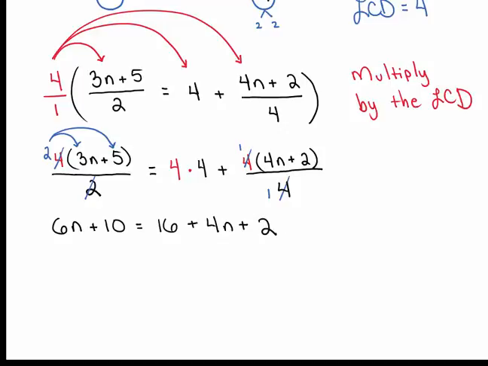Now at this point I need to combine like terms. The 16 and the 2 are like terms, so I can combine those together.